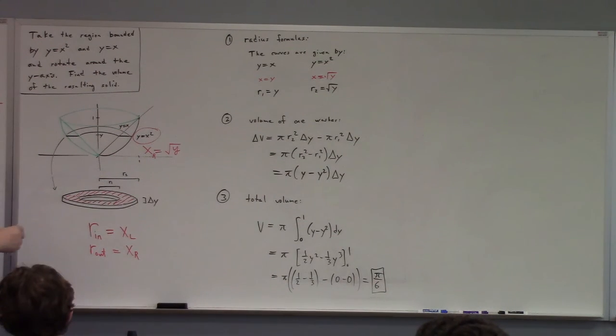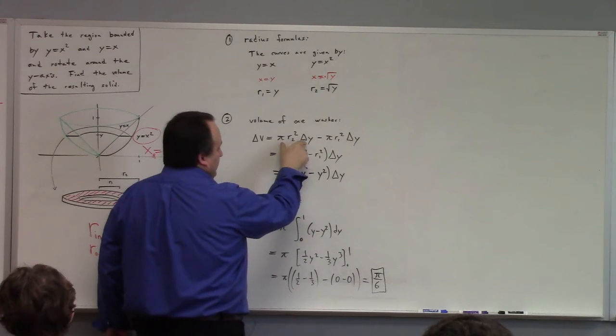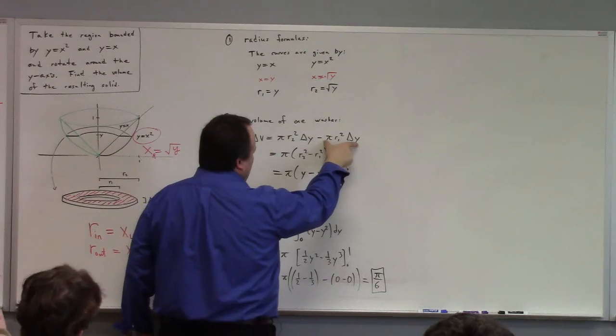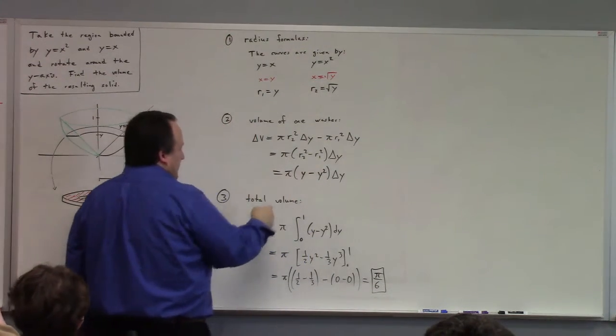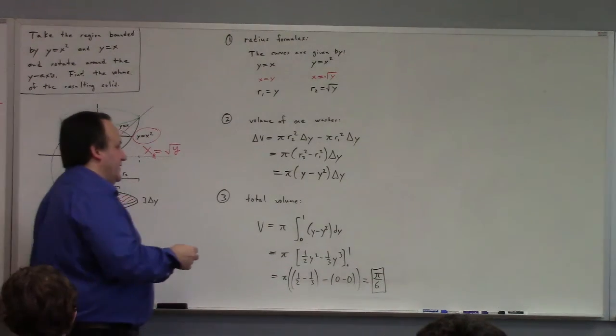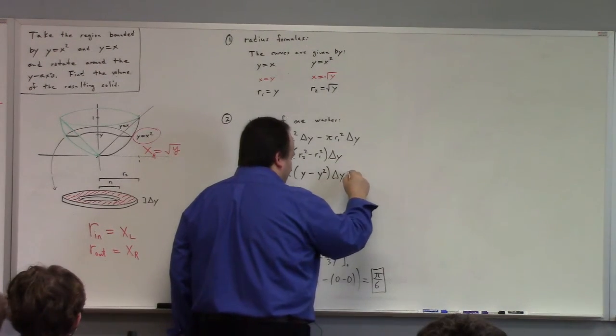So he says the change in volume is the volume of the outside disk minus the volume of the deleted disk, which in this context gives us pi times (y minus y squared) delta y. And then I'm sure he has about a paragraph about Riemann sums here.